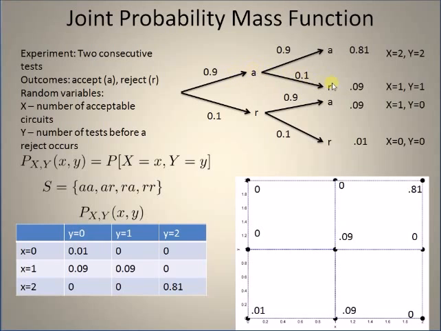And along this direction we have one test before a reject, so Y equal to 1, and there is only one accept, that is X equal to 1.